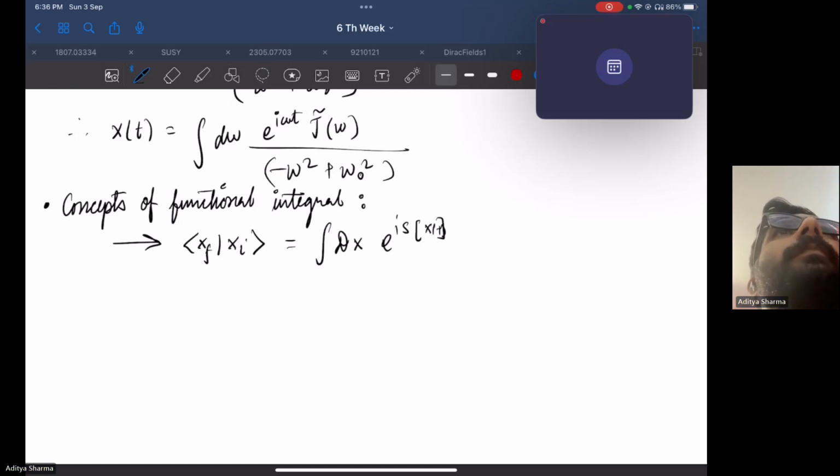Okay. And I actually intend to, instead of going through this concept of functional integrals, we can also start directly with path integrals and see what happens there.